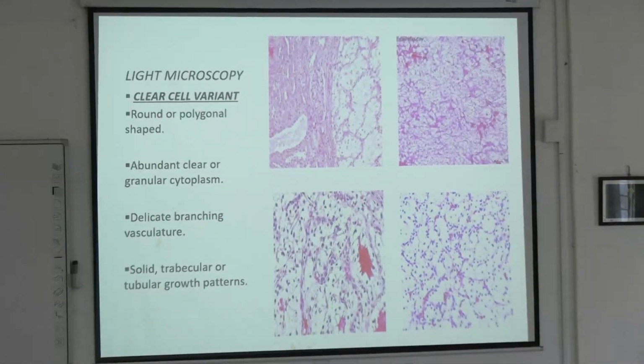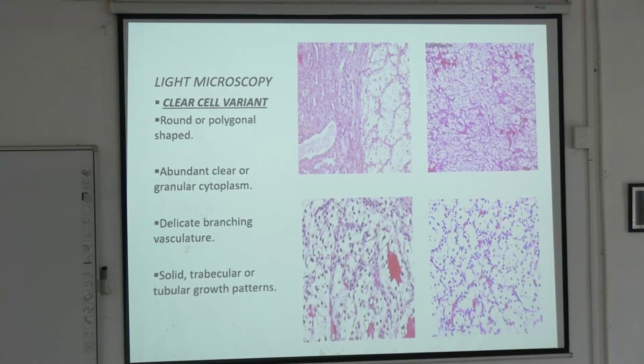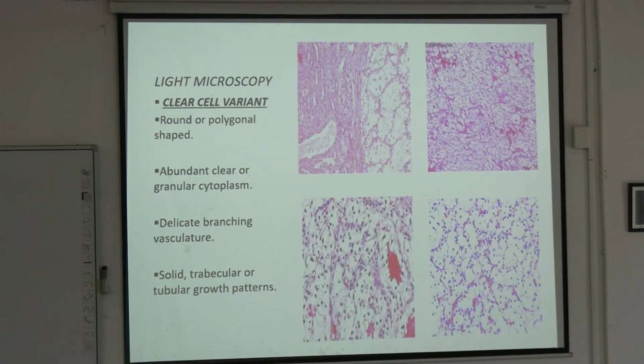So this is gross. Now coming to the light microscopic features. I'm just teaching you from the exam point of view because we don't have enough time. Light microscopic features: the cells are round or polygonal in shape. Why is the cytoplasm clear?